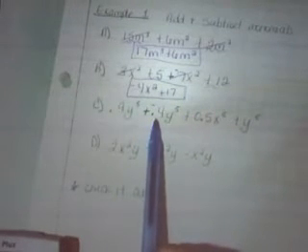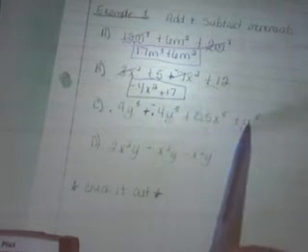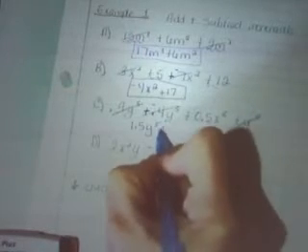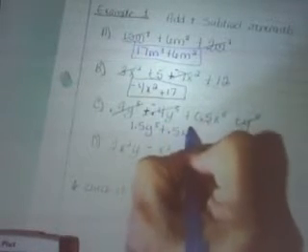So we're going to have 0.9 plus negative 0.4 plus 1. That's going to give me 1.5 y to the 5th. Again, I'll mark them out after I combine them. That's only going to leave me with plus 0.5 x to the 5th.